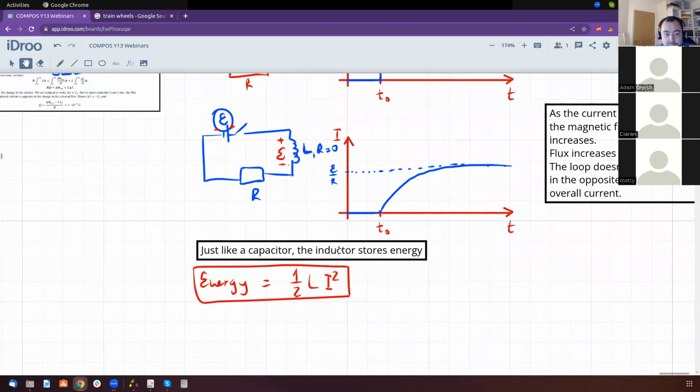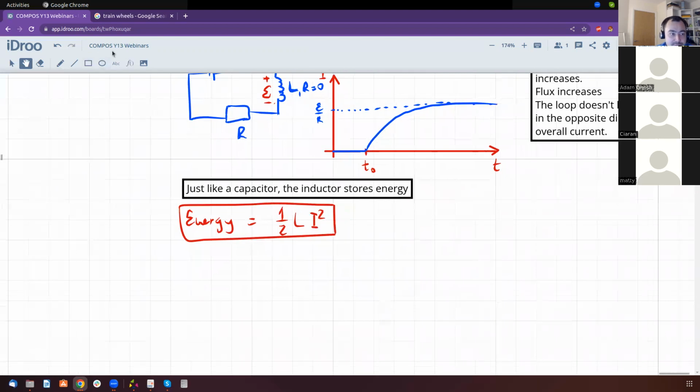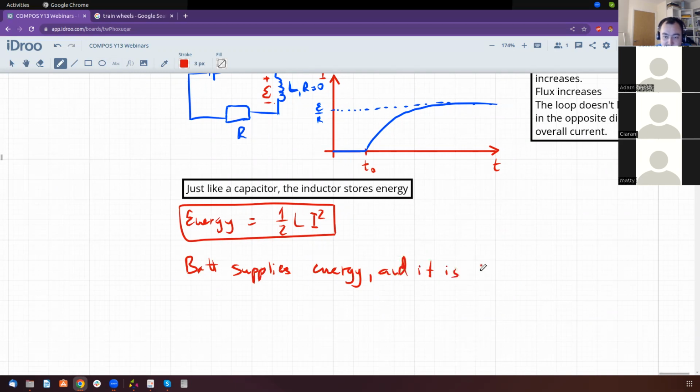So at first, the battery supplies energy, and it is split between the inductor and the resistor.